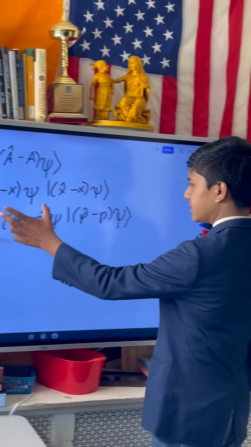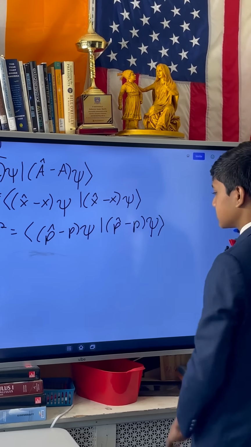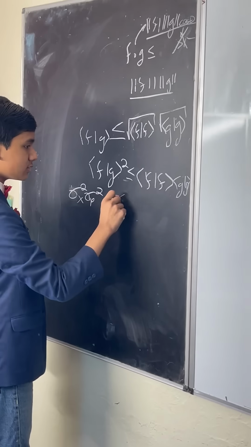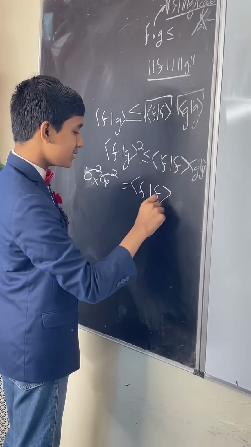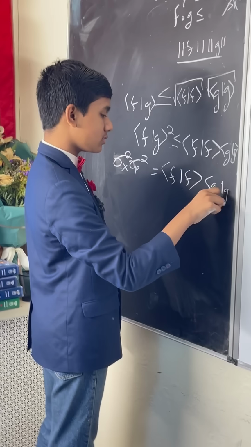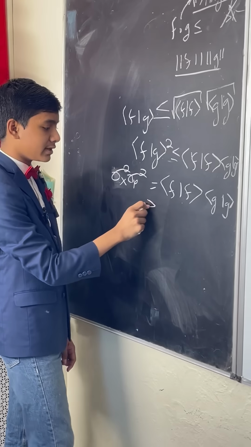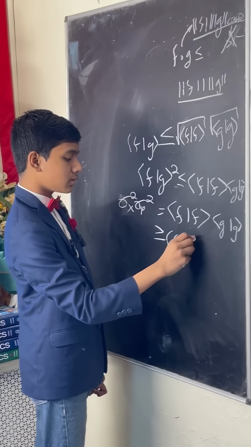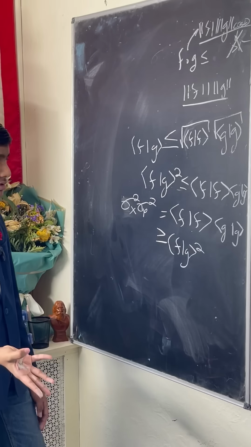We're going to abbreviate this as f and this is g because it's too clunky to write right now. This is just going to be f dot f g dot g, which is greater than or equal to f dot g squared by this logic.